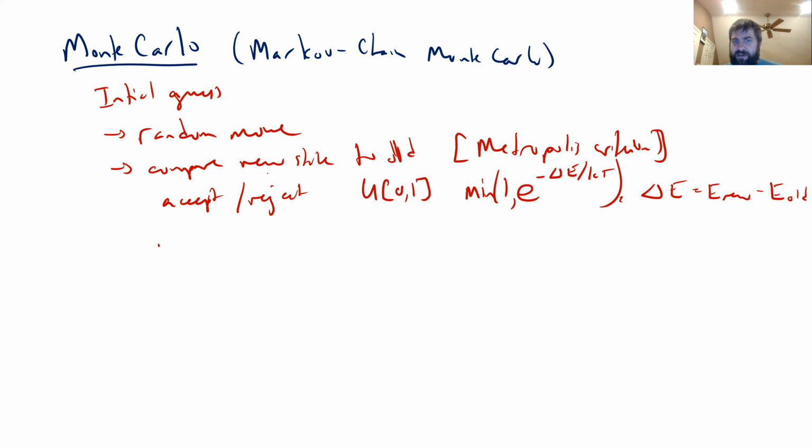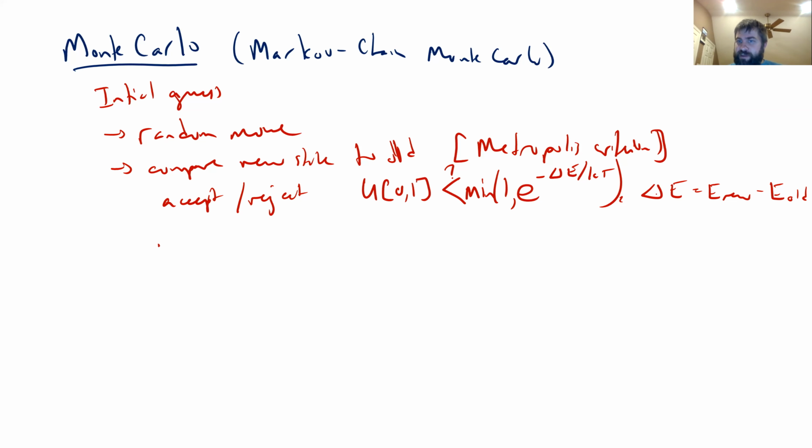We ask, is this random number less than this Metropolis criterion? What this means is that if the change in energy was negative, that is, the new energy was below the old, then this would be a number greater than 1 and would always be greater than the random number on 0 to 1, so we would always accept.